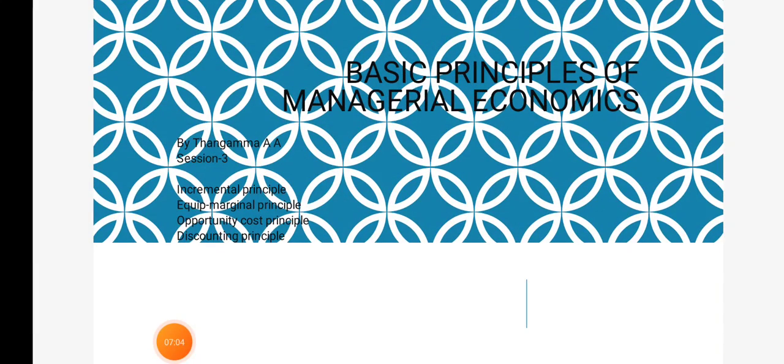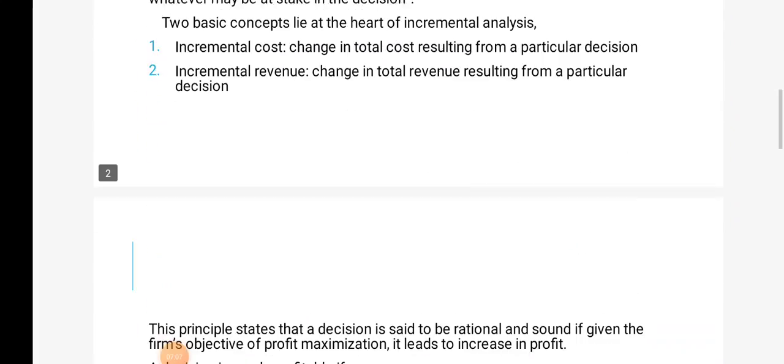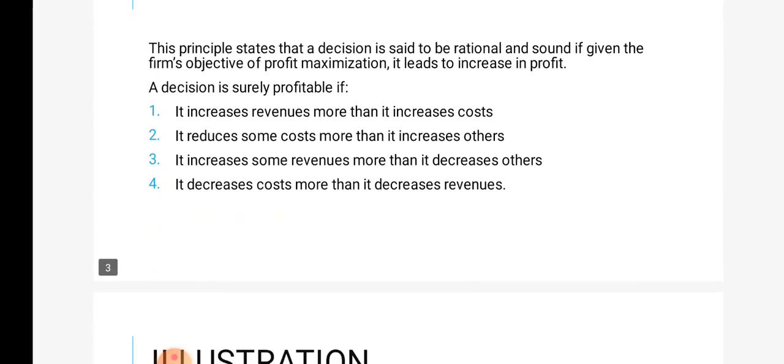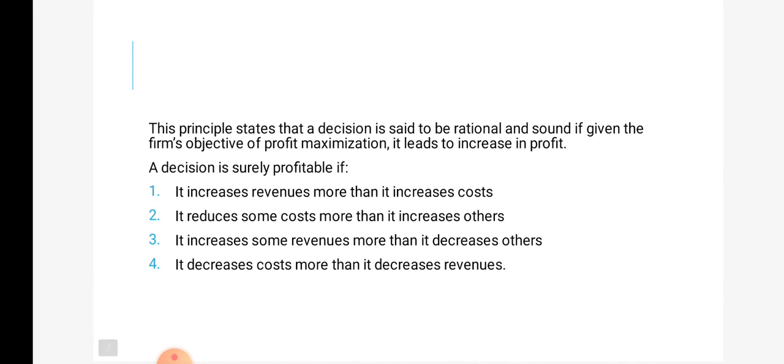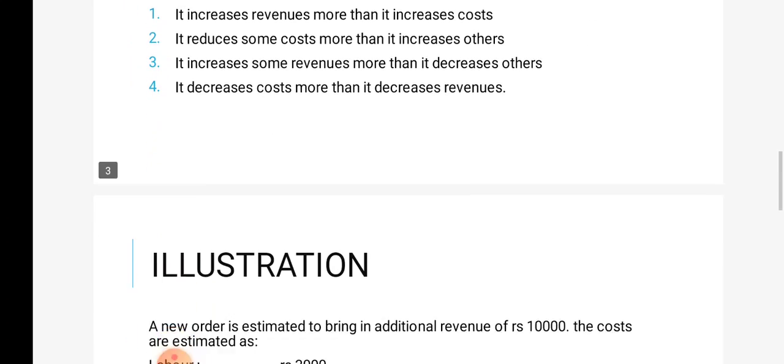It has contributed to more profit. So what we can say is this decision is a profitable one if there happens to be these four situations.